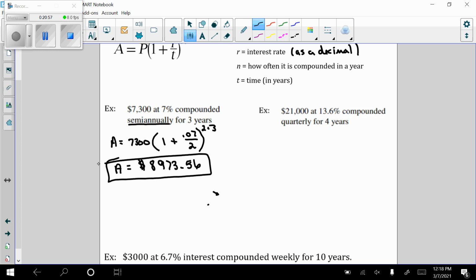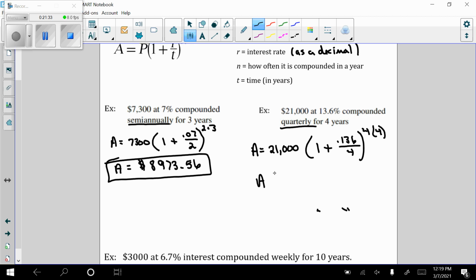Okay, so this one, 13.6%. That is kind of an unheard of interest rate, unless you're playing the stock market, and of course that's going to vary. So for this one, I'm starting with 21,000. My 13.6% is 0.136. Compounded quarterly is 4 times a year. So then I have quarterly times my 4 years.